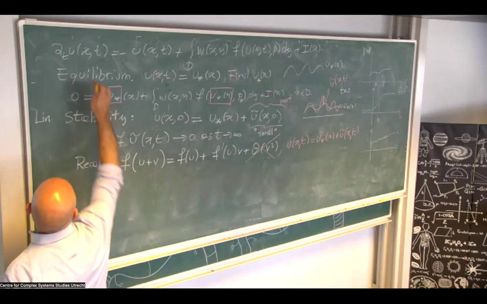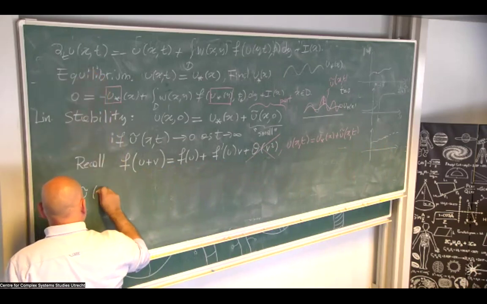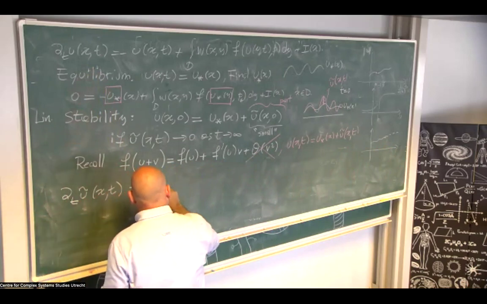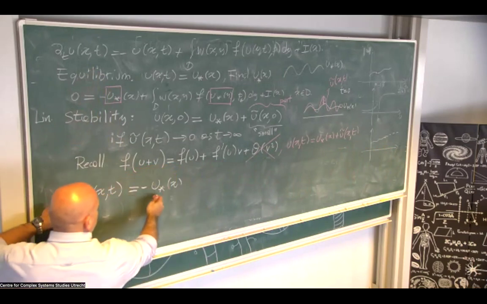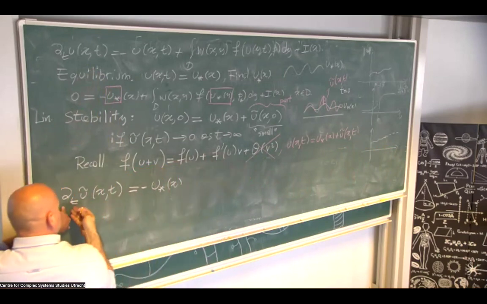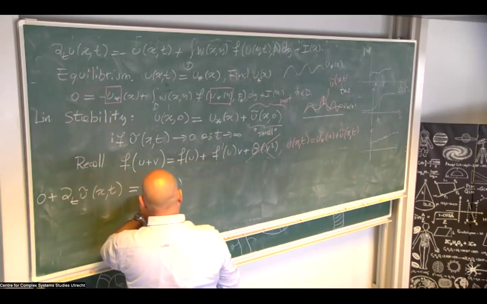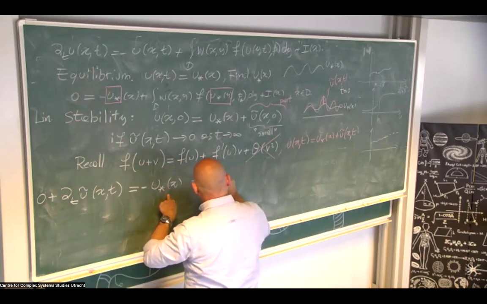So what do you get if you put this one there? You're going to get the following. In here, I should have differentiated in time u star plus u tilde, but u star does not depend on time. So let me write it like that. Now I have minus u star of x plus u tilde (x,t).